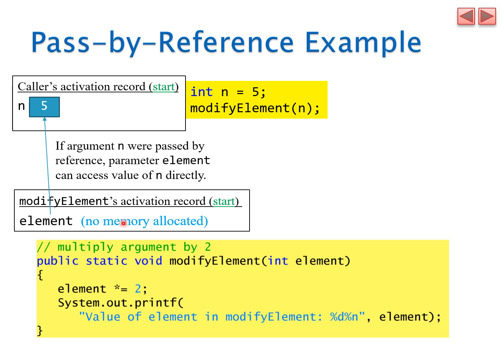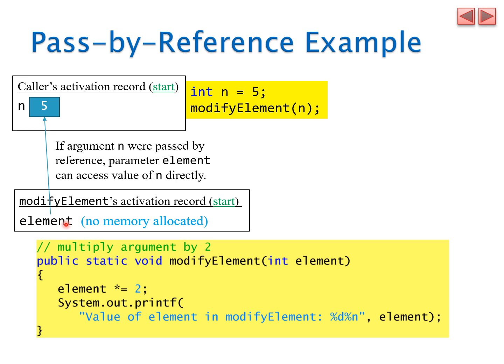Instead, the parameter element becomes another name for the same memory allocation associated with the variable n in the caller's activation record. In other words, for this same memory allocation, the caller will refer to it as n, and the modifyElement method will refer to this memory location as element.